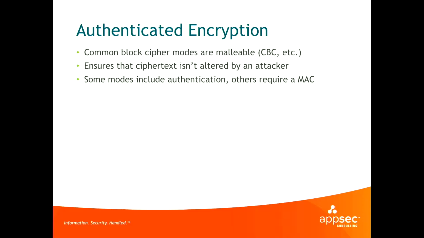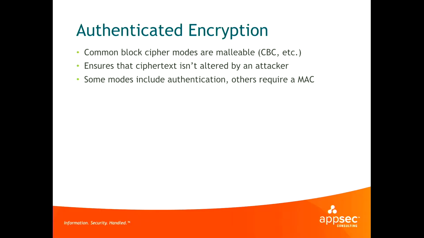Authenticated encryption solves that problem. It allows you to ensure that the data isn't altered, that it is exactly what it's supposed to be. You can expose authenticated encryption to an attacker, and they're not going to learn anything from it. It can be authenticated in a couple different ways.